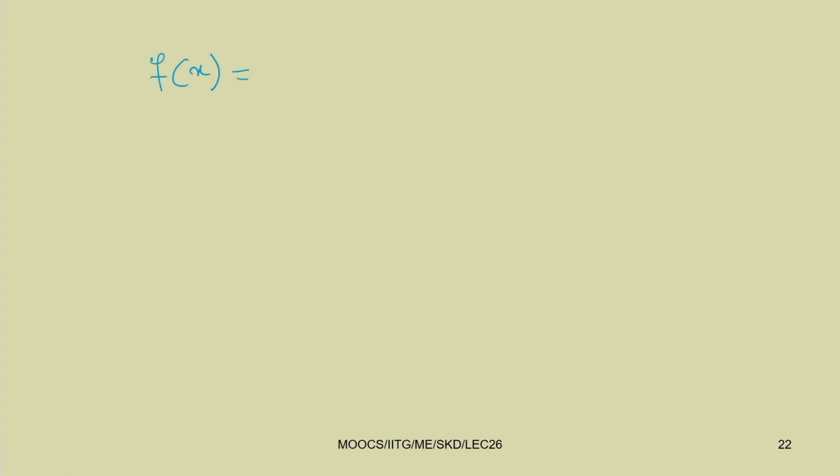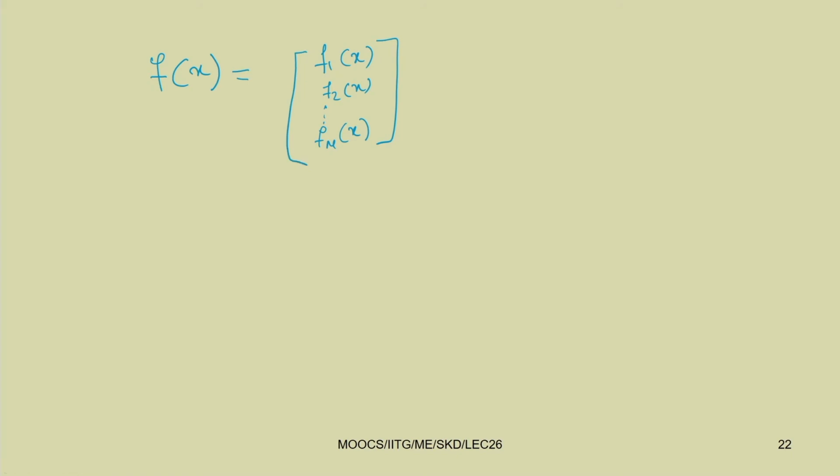We can write this f x as f1 x, f2 x and fm x. Let us say we have m equations with n variables.